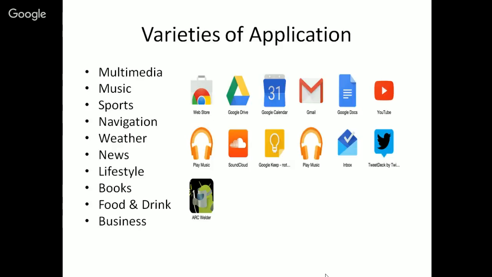Here are a few of them which I have enlisted in my webinar here. You can see that there are Google products which are widely popular and they have different kinds of applications. These days, if you have imagination and knowledge to develop, then you can develop any kind of application.